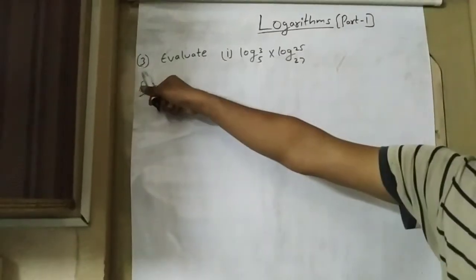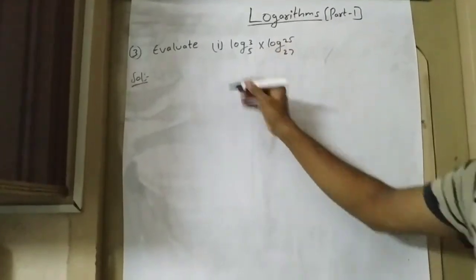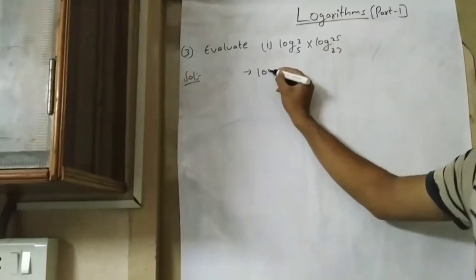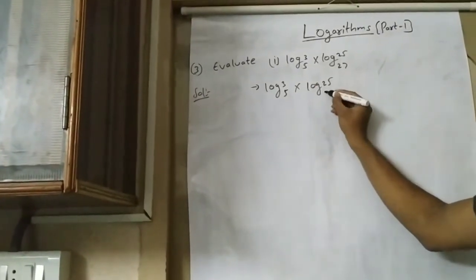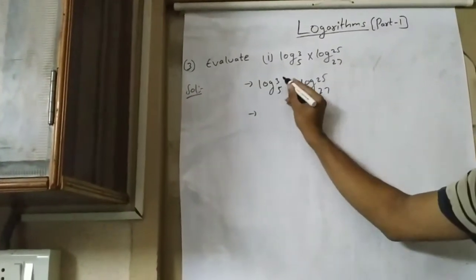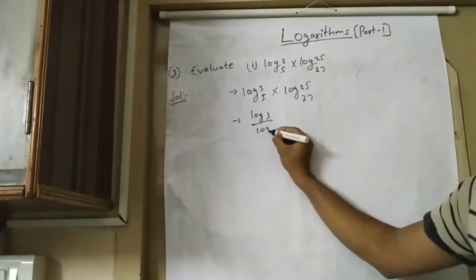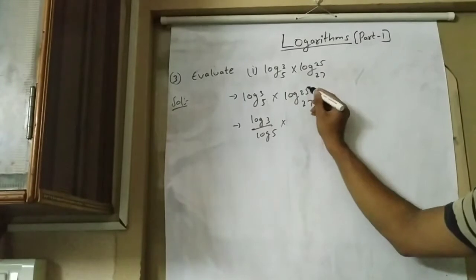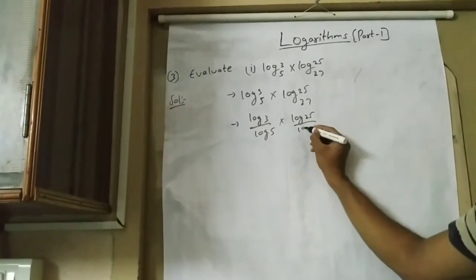In this third question, it is given as evaluate log 3 base 5 into log 25 base 27. Log a base b we can write as log a by log b. Similarly, log 25 base 27 is log 25 by log 27.